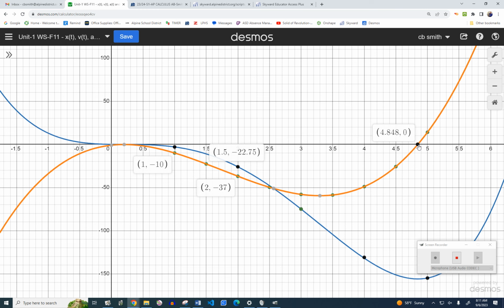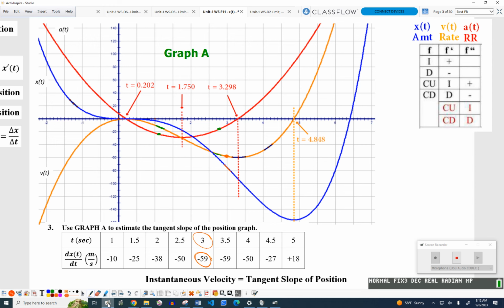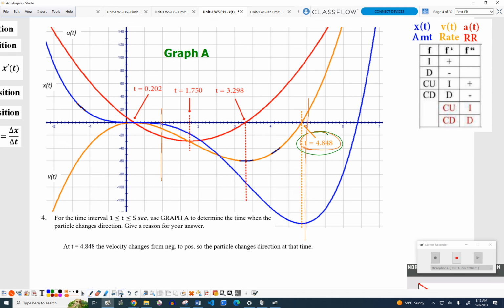Will we ever be asked to graph the velocity from just looking at the graph of the position? I've never seen them ask you to do that. They will ask you to answer questions about one graph by looking at the other, which is partly what you're doing right here. You're saying, how can I look at the velocity graph alone and figure out when the particle changes direction?